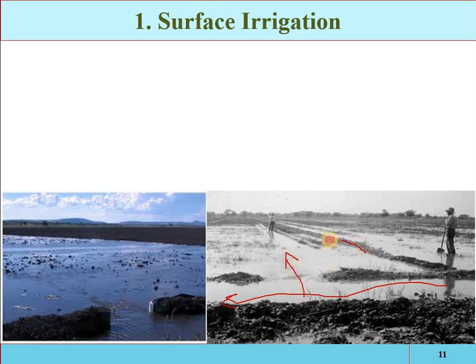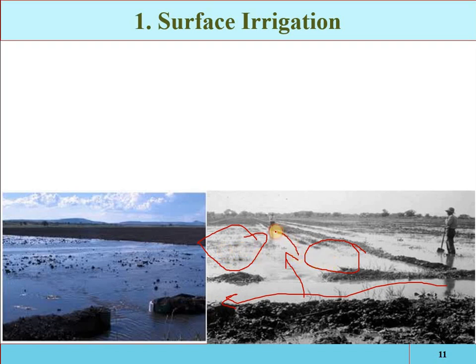You can see there is no control or guidance provided to the irrigation water. This area is under-irrigated and this area is over-irrigated, meaning the distribution of irrigation water will be non-uniform. Some areas will receive more water, some less.